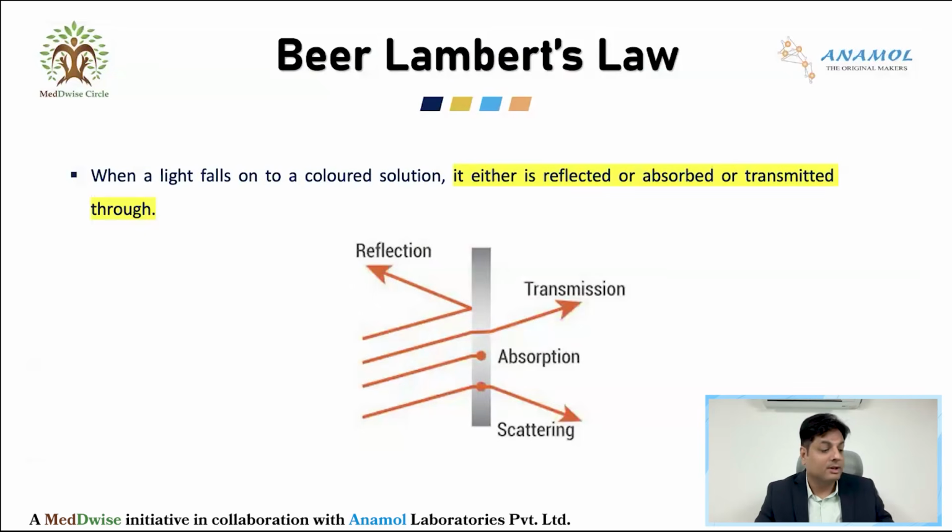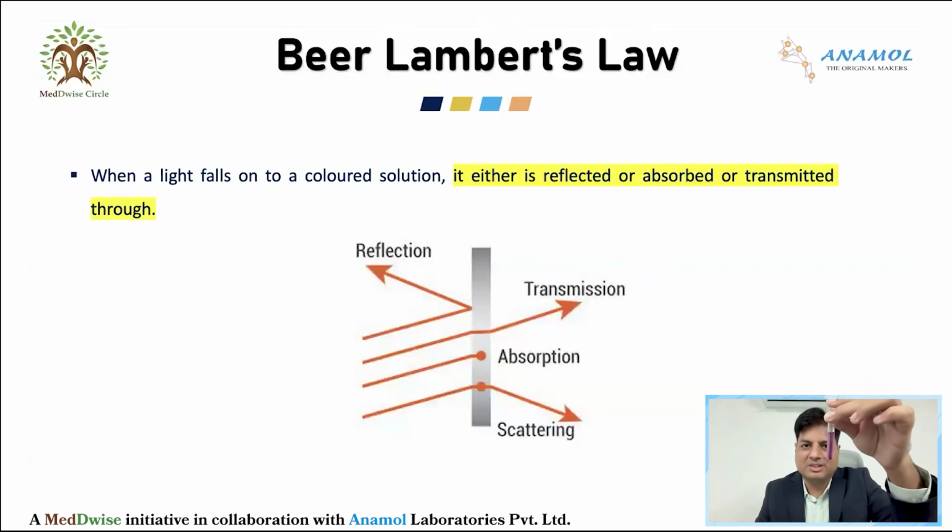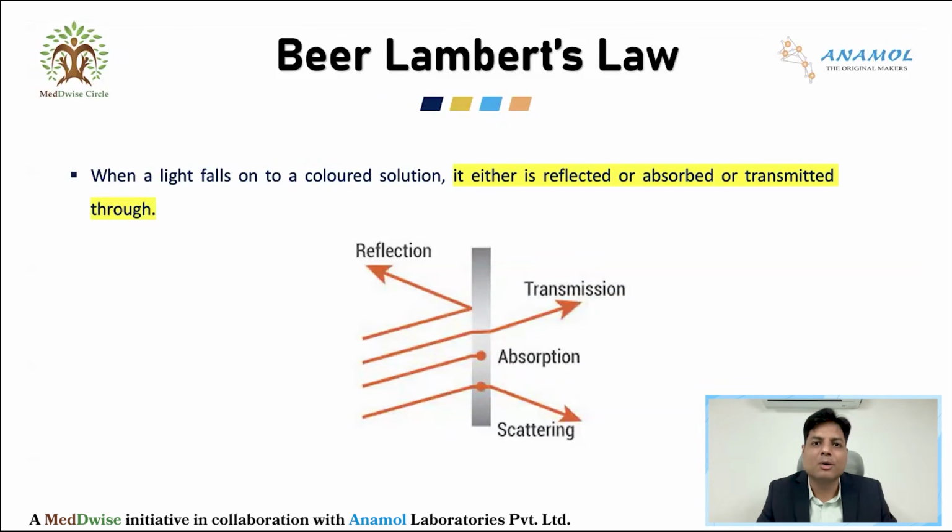Friends, hypothetically, if this is the colored solution and we pass light through it, there are only 4 things, or maybe 1 or 2 more than that, which will happen to the light. Imagine this gray is the colored solution, the reaction mixture, and the orange lines are the light which we pass through the solution.